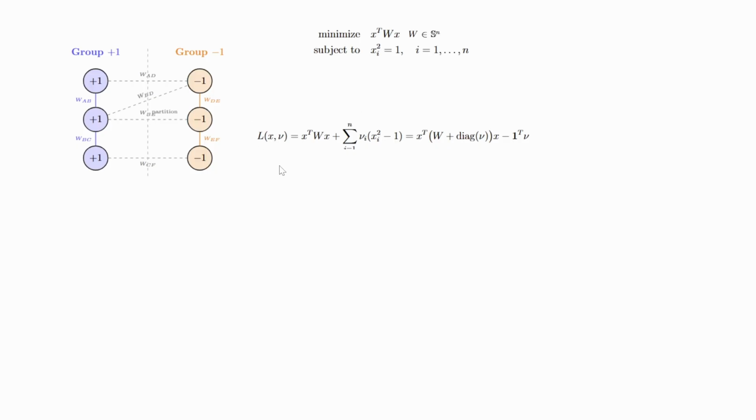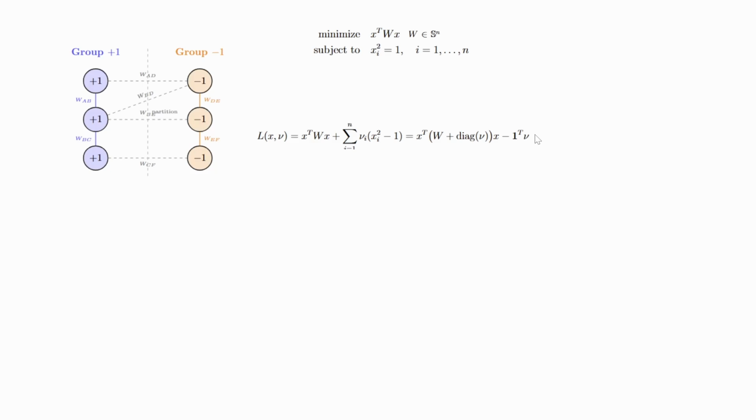But notice that this entire expression is equivalent to the one on the right, which is x transpose quantity W plus the diagonal of v times x minus the sum of all entries of v. So this is a quadratic form in x.